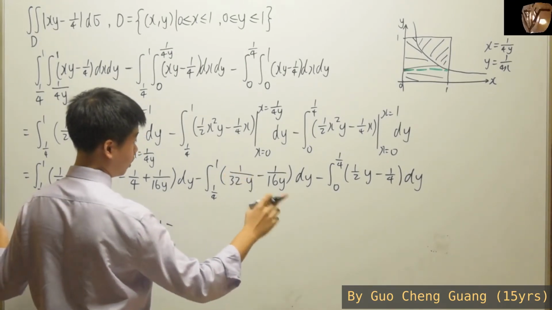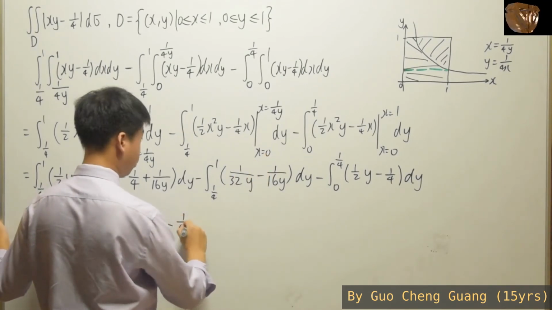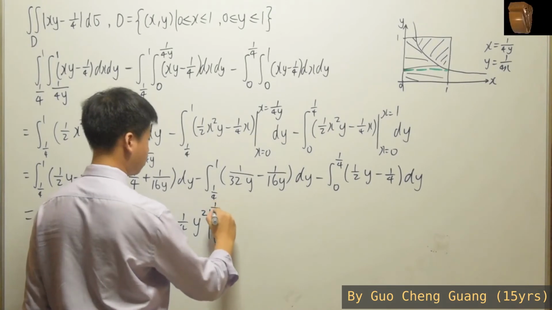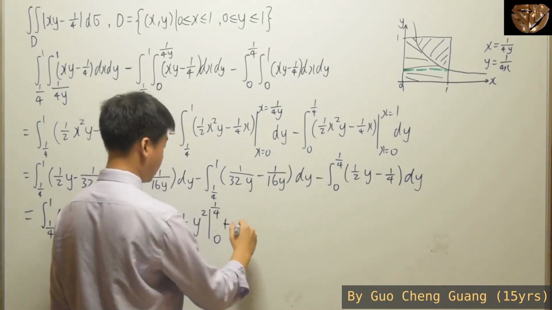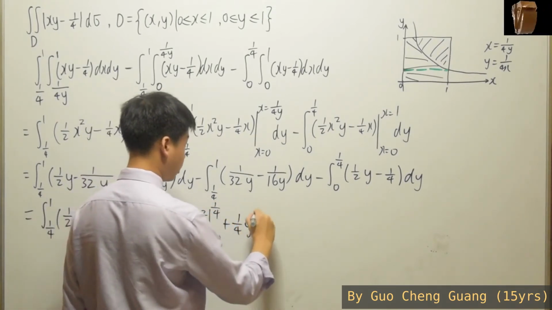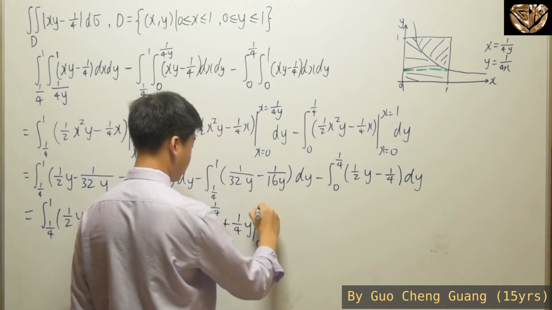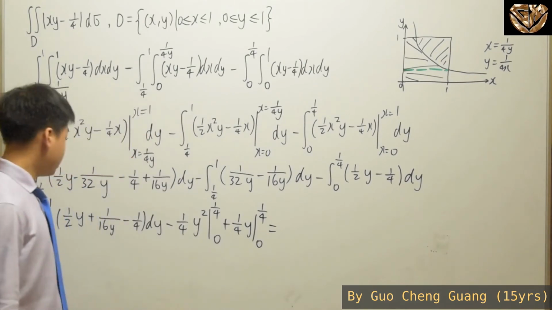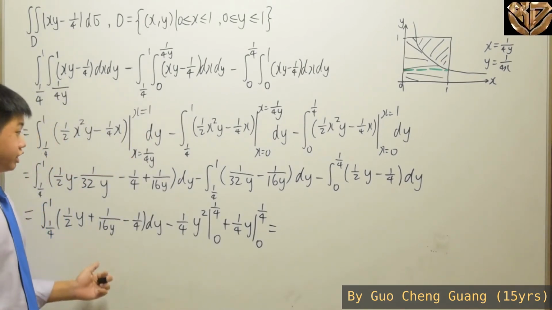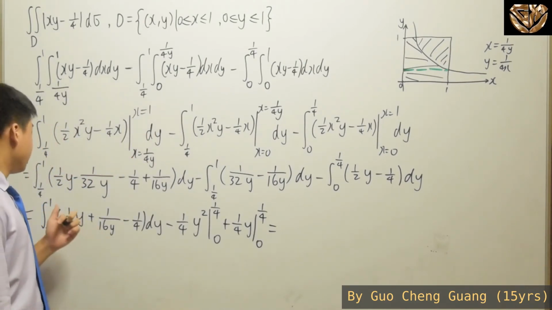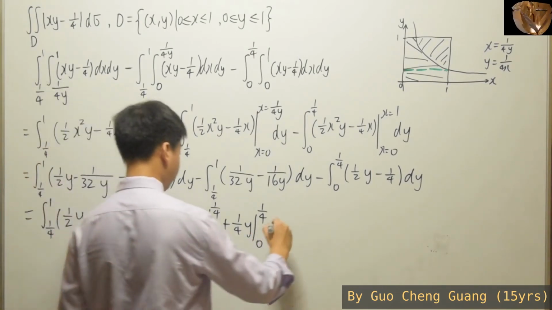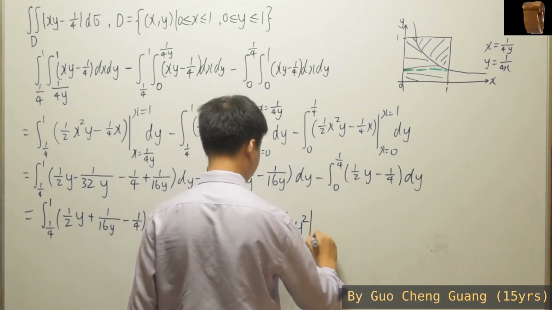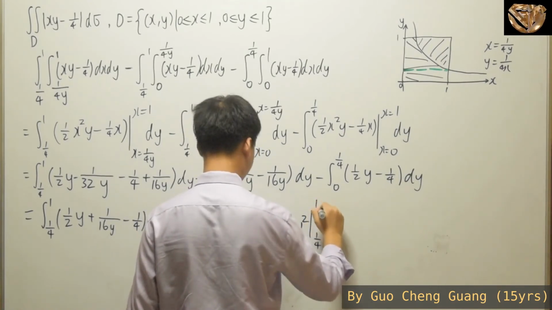Now half y becomes 1 over 4y squared, which you have 0 to 1 over 4. And then add 1 over 4y, and you have to substitute in the values 0 to 1 over 4. Next, we take a look at your integration for your first part. Now, in your first part, you'll have 1 over 4y squared, substituting the values 1 over 4 and 1.